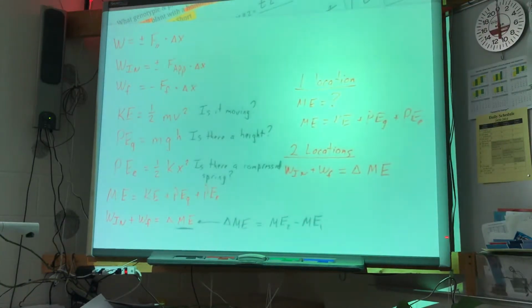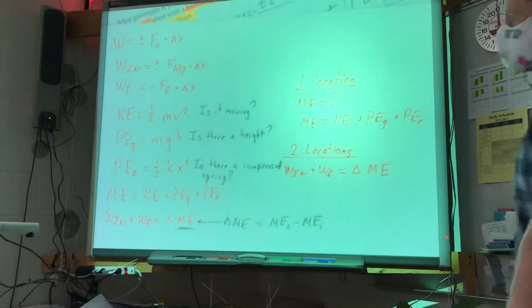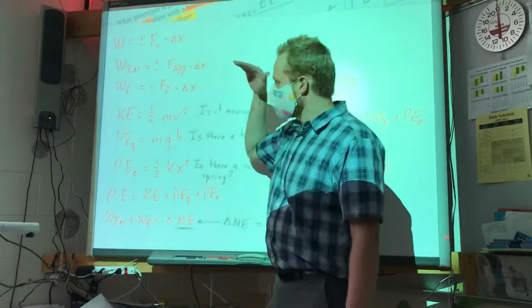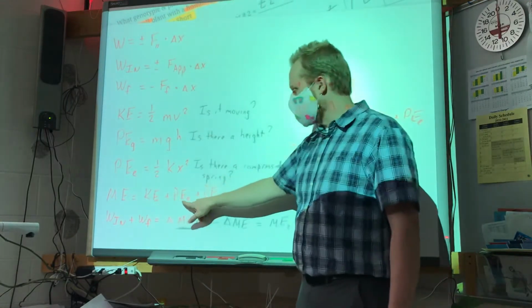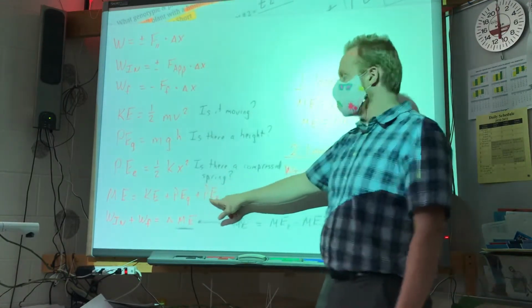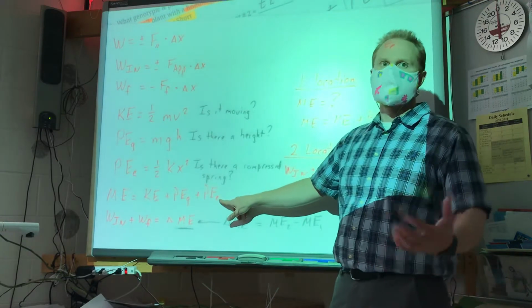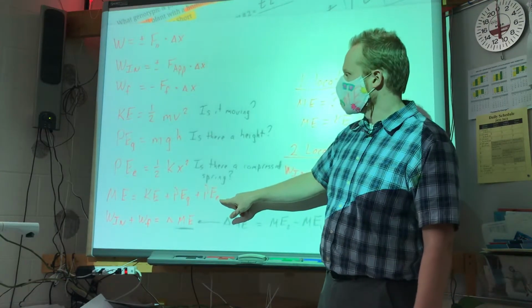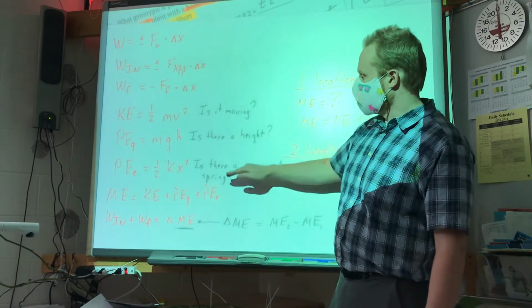So some of our early questions will be asking how much mechanical energy does an object have? And when I say how much mechanical energy does an object have, I'm asking how much kinetic and how much gravitational potential energy and how much potential elastic energy does that object have? Because it's moving, because there's a height, or is there a spring?